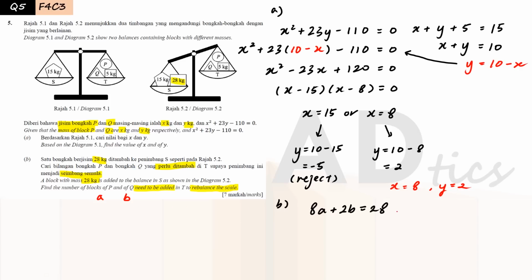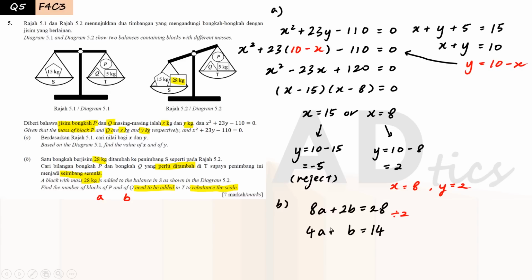I'm going to simplify this equation a bit, dividing the whole equation by 2, and then we get this one. To find the values of A and B, there can be a lot of answers, but we need to make sure that A and B are integers, not decimals, because they are the number of blocks, and they need to add up to 14.